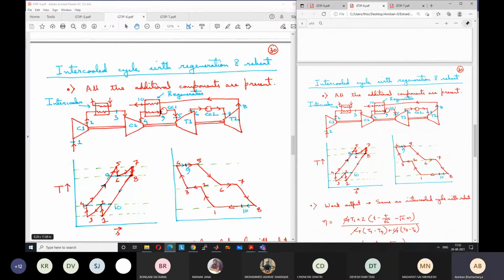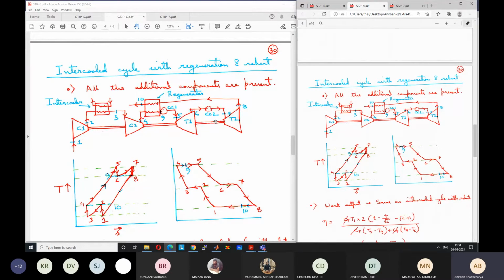From 4 to 5 should have been the heat addition in the combustion chamber, but because of regeneration, from 4 to 9 we have heat addition in the regenerator. Then from 9 to 5 we have the heat addition in the first combustion chamber.